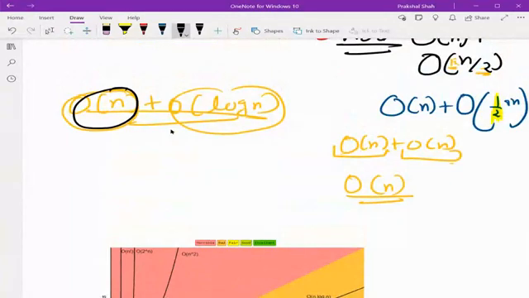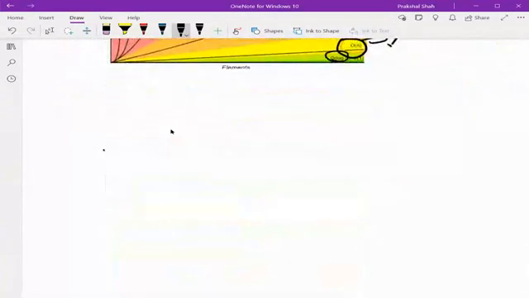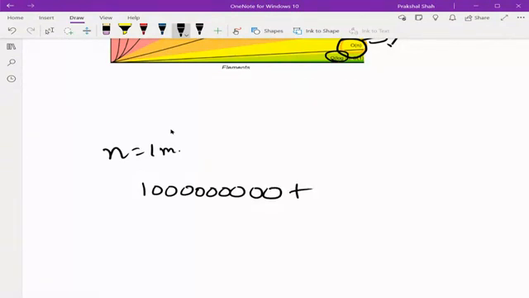Why? Because if I say my n is equal to 1 million, a big number like this, then compared to this, can't I ignore the lesser number, like 100? It's like water in the ocean.